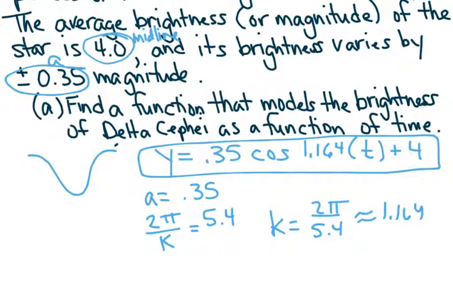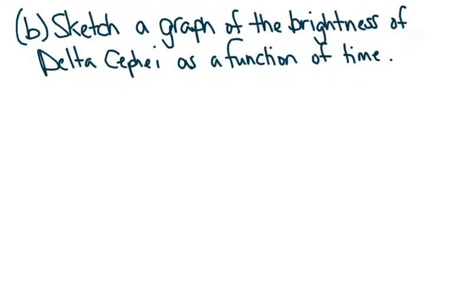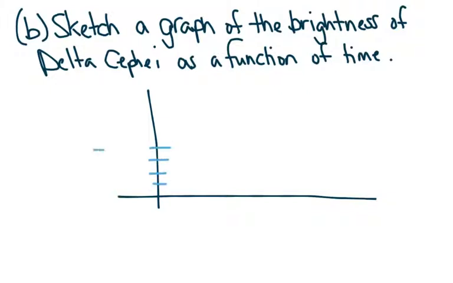Now let's talk about the graph. To sketch the graph, we said that the line of equilibrium, the midline, is at 4. 1, 2, 3, 4. I like to draw a dashed line here to remind myself of where I'm oscillating about. Now, the amplitude is 0.35, so I probably have to do a little bit different scaling on my y-axis.